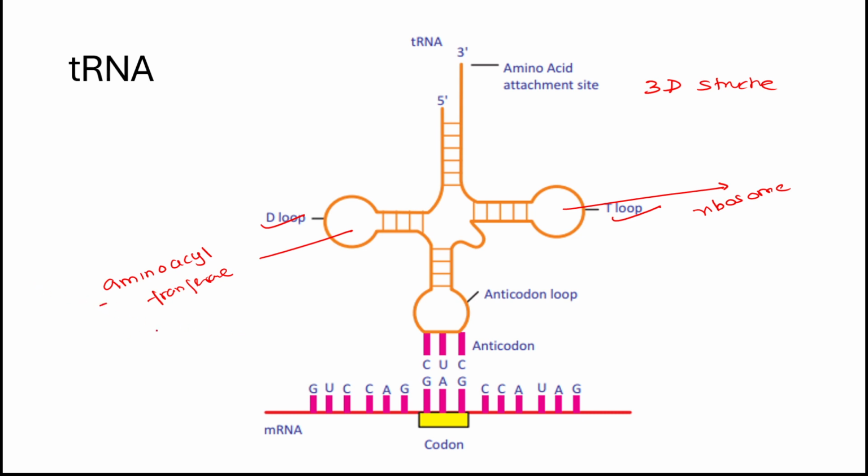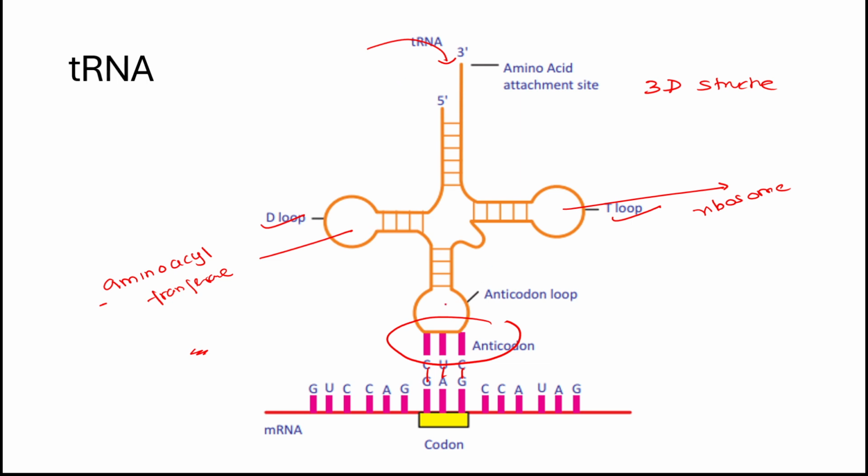Now, what does the anticodon loop do? Here's the anticodon. It binds with the mRNA molecule in a more or less complementary manner so that it will cause the activation, or the bringing about, of a specific amino acid which is required in the production of the polypeptide chain. Are we good?